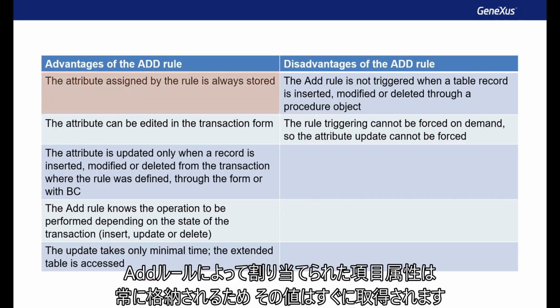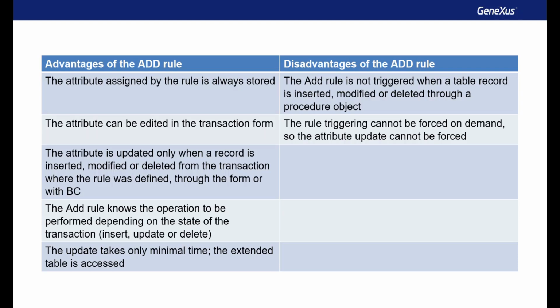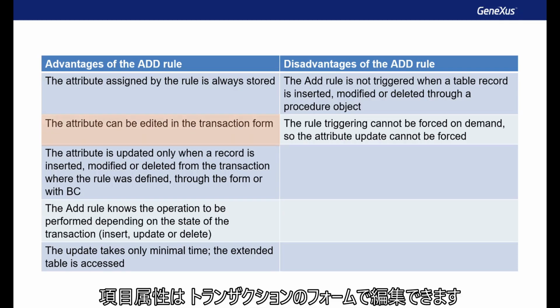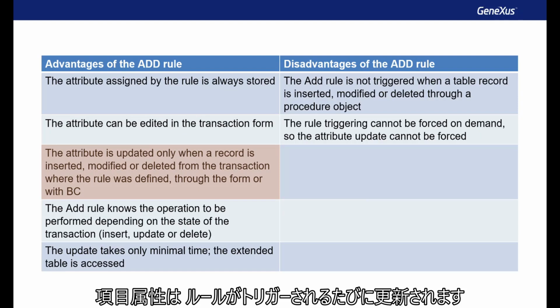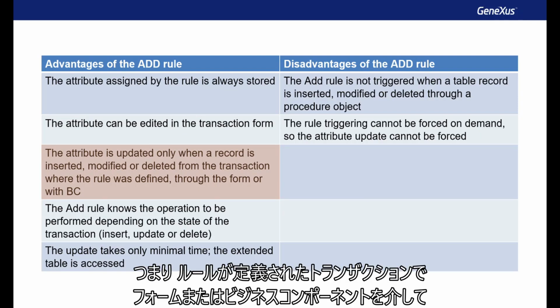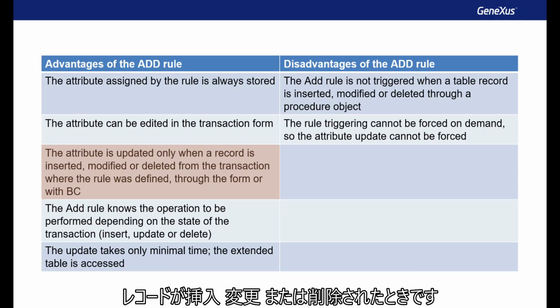The attribute assigned by the add rule is always stored, so its value is immediately retrieved. The attribute can still be edited in the transaction's form. The attribute is updated each time the rule is triggered. In other words, when a record is inserted, modified, or deleted from the transaction where the rule was defined, either through its form or through business components.